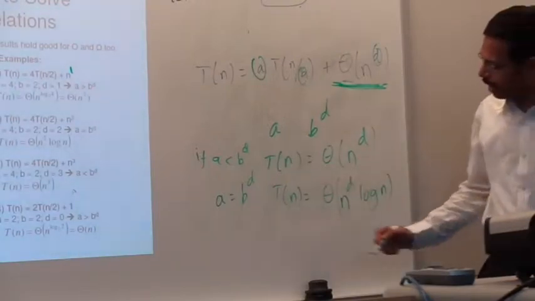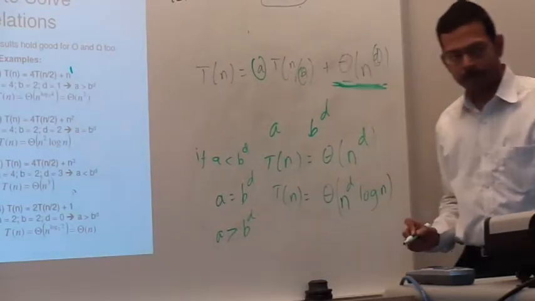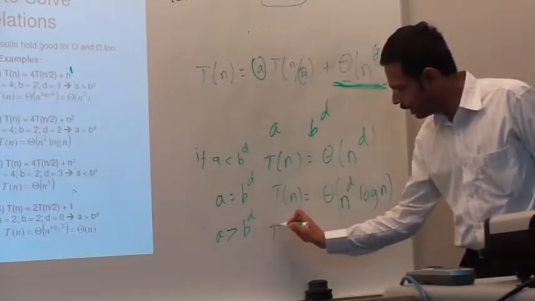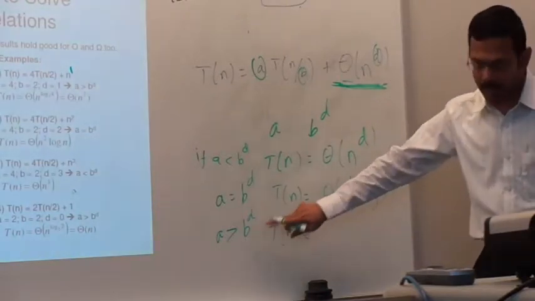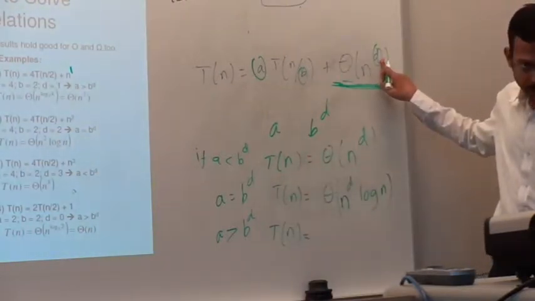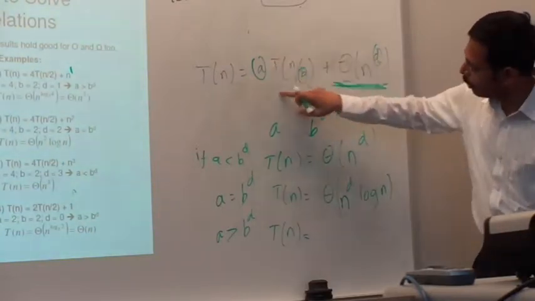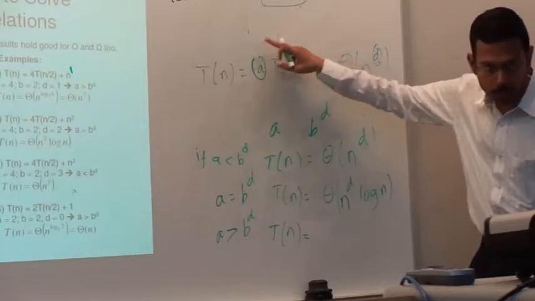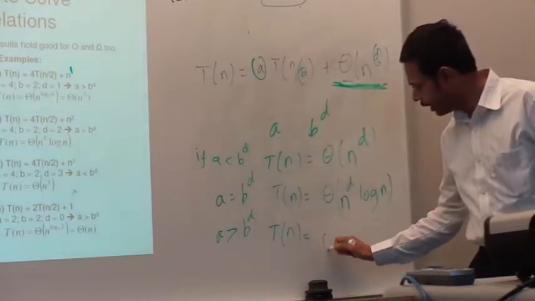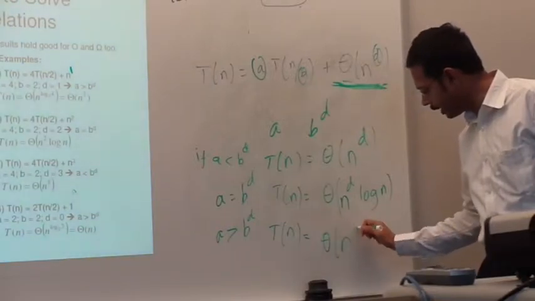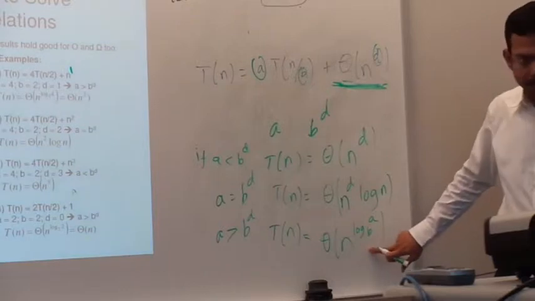Okay, and the last case is a greater than b raised to d. If a is greater than b raised to d, then the d term is not dominating, which means the combining part is not dominating. The time taken to solve the subproblems is more dominating. So then we can say it is theta of n raised to log a to the base b. There is no d term in the final time complexity.